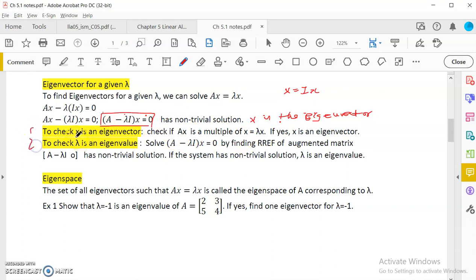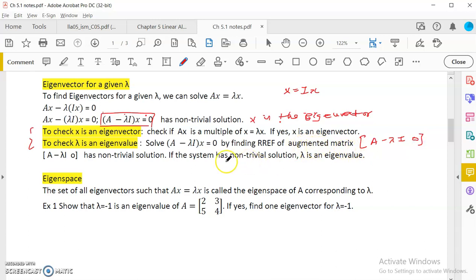To summarize: to check if x is an eigenvector, multiply A with x to check if it's a multiple of x. To check if lambda is an eigenvalue, solve A minus lambda I x equal to 0 by finding the RREF of the augmented matrix of A minus lambda I and then 0, to see that it has a non-trivial solution.